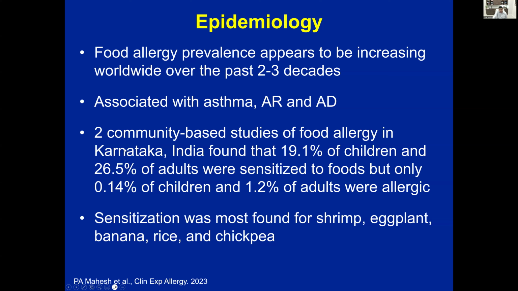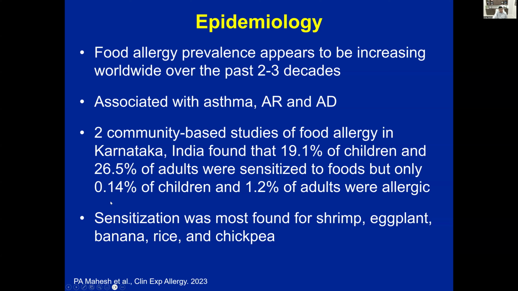For example, in India, this is one center in Karnataka. When they looked at just sensitization, both in children and adults, a very high rate were sensitized. But when you look at the history, did anything happen when the child or adult took the food, a very, very low percentage actually had a reaction.